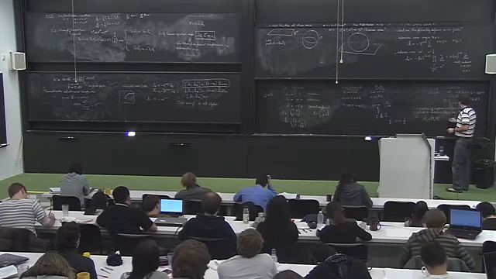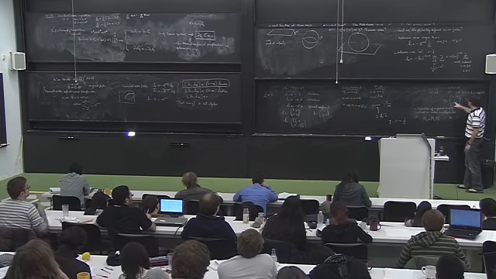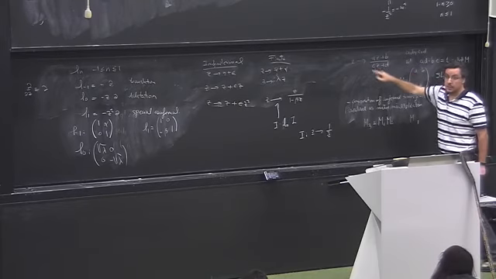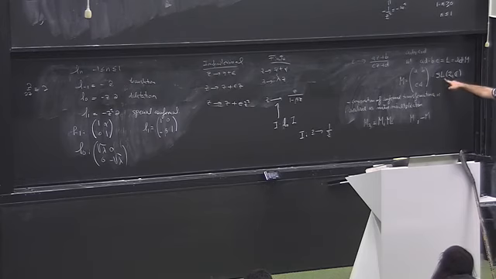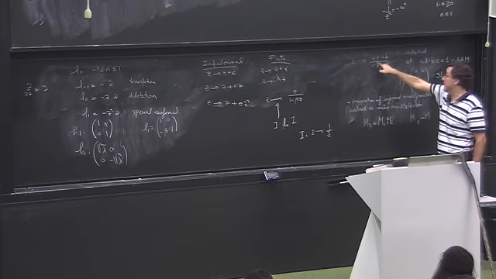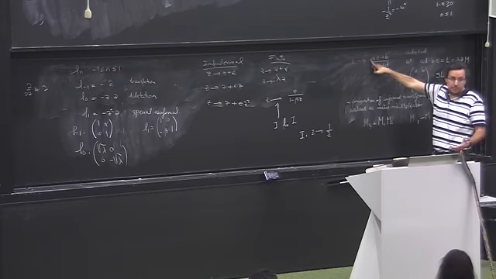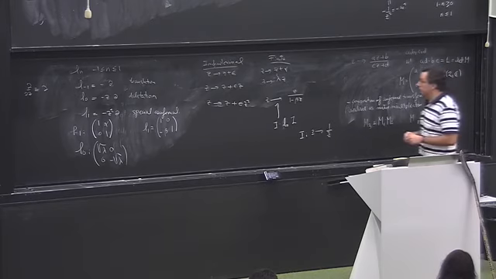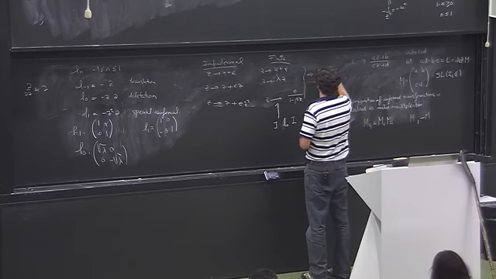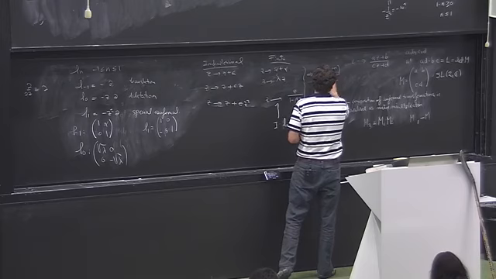Notice that if M is an element of SL2C, and this generates a particular conformal transformation given by this, notice that minus M is a different matrix in SL2C, but it generates exactly the same conformal transformation, because if I reverse the sign of all the entries A, B, C, D, I get exactly the same transformation for M and minus M. So that's the statement that the set of global conformal transformations is given by SL2C, the set of 2 by 2 matrices with determinant 1, modded out by Z2.